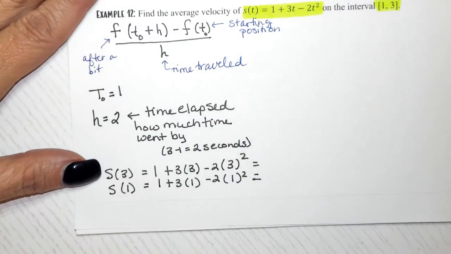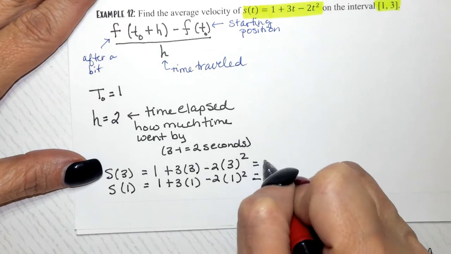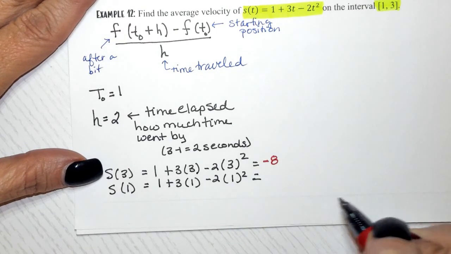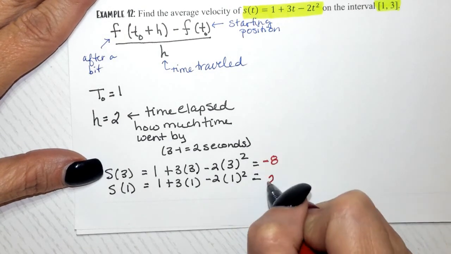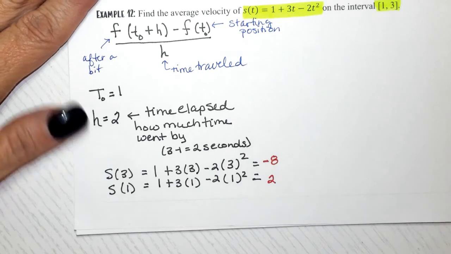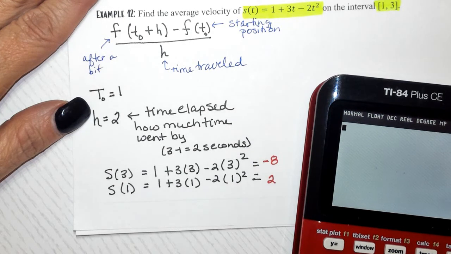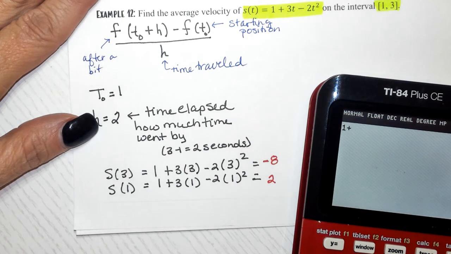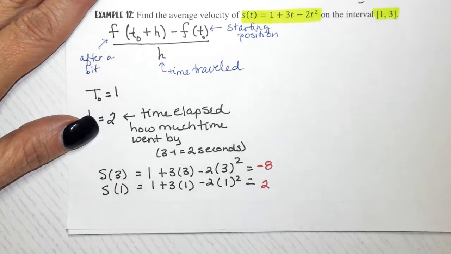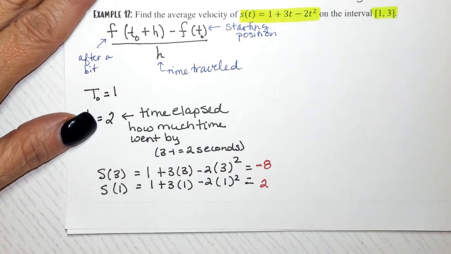In the interest of time, I got -8 here, and I got 2 here. That seems odd that I got a negative number, so I want to check that real quick. So 1 plus 9, yeah, that will be negative, minus 2 times 9. Yep, -8.